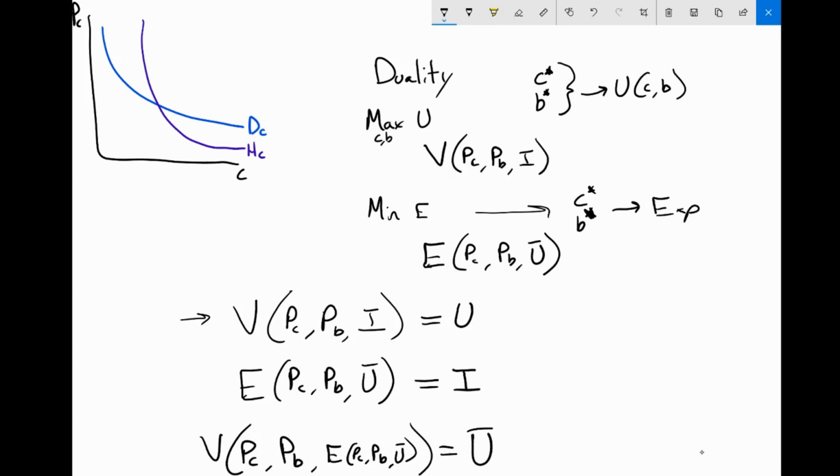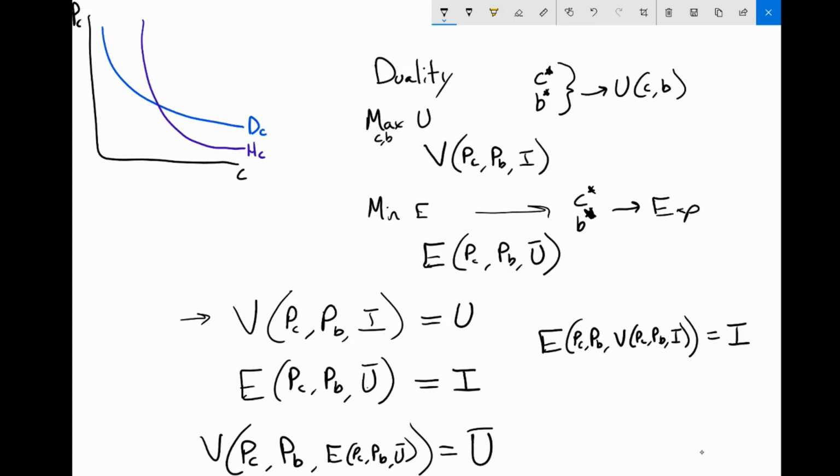And the same thing is true if I take the value function and plug it into the expenditure function. If I have the optimized expenditure function, and instead of having utility here, I plug in the value function, or the indirect utility function, I will get income. Now, this is the duality condition. It means they relate to each other.